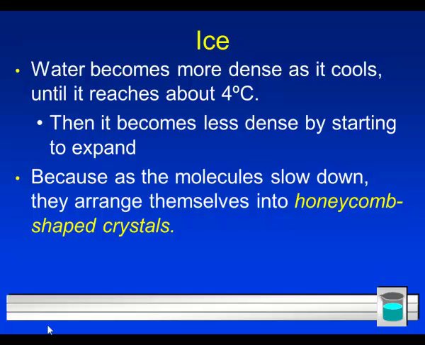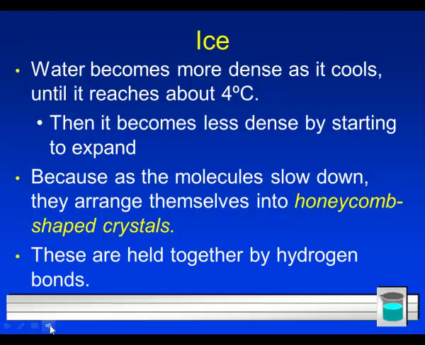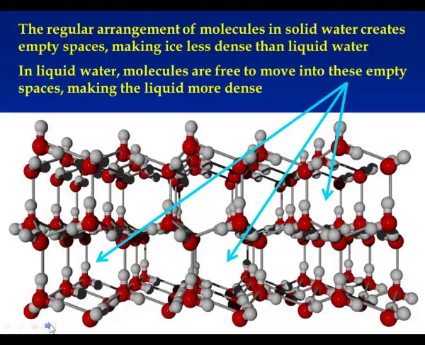The molecules spread out a little bit as they freeze from about 4 degrees Celsius cold water to the ice at 0 degrees C. And in arranging themselves into this very orderly pattern that we see in the diagram here, they spread themselves out.